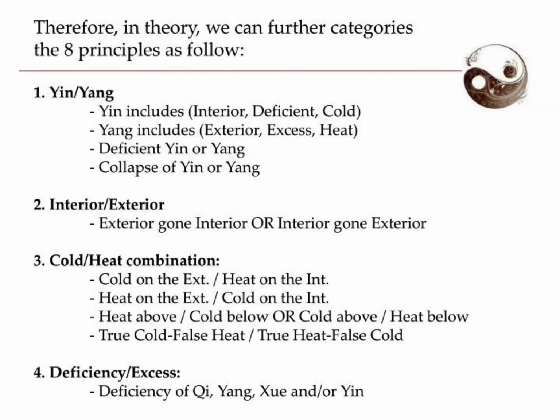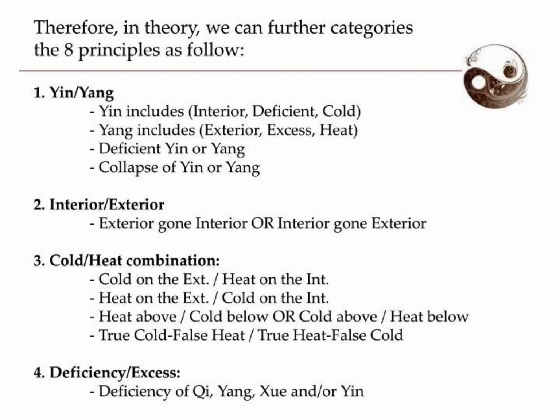Yin includes interior, deficient, and cold. Yang includes exterior, excess, and heat. So it could be deficient yin or yang, or collapse of yin or yang. Interior or exterior: exterior gone interior, or interior gone exterior.